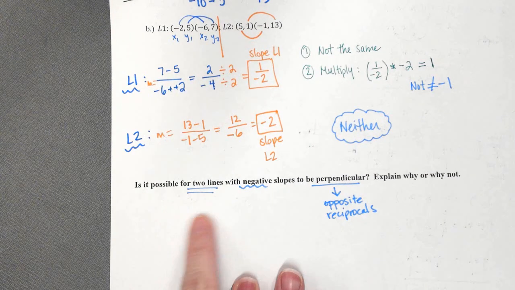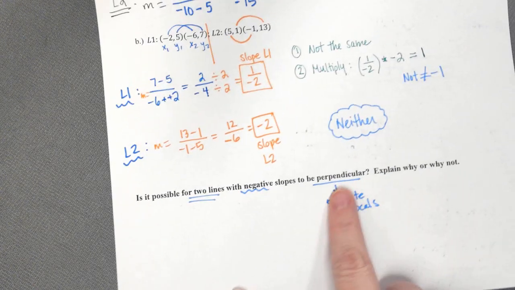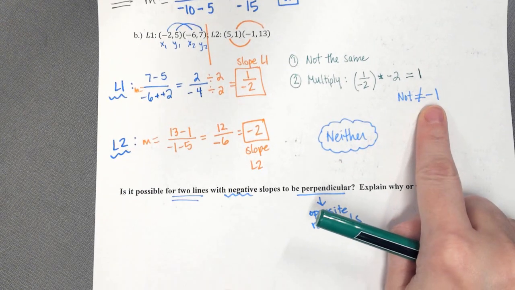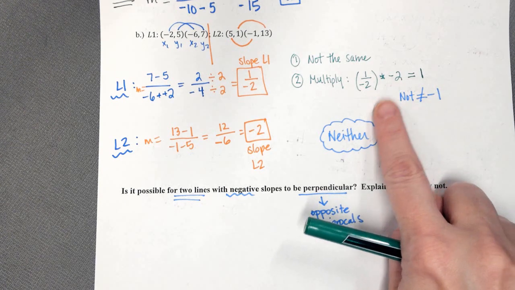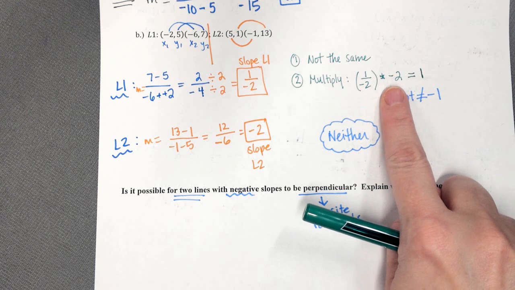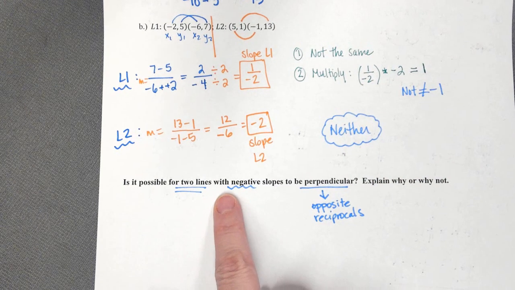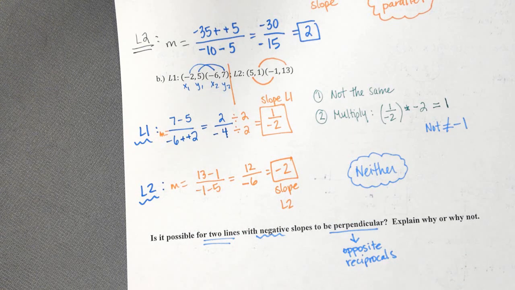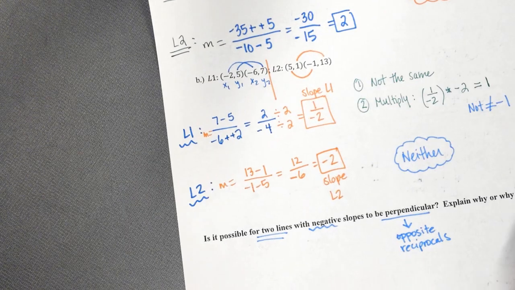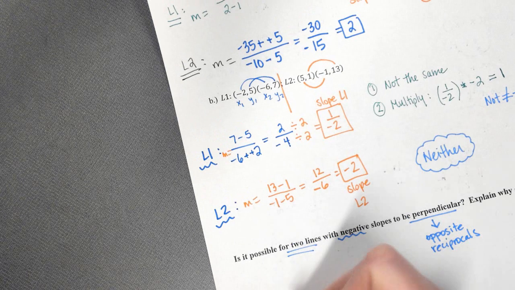Okay, so Erica's response was, no, it's not going to be possible because we know that it has to multiply to a negative, and she said the only way to multiply to a negative is if you have a positive and a negative. If you have 2 negatives, it's always going to multiply to be a positive. I love that answer. Okay, what other reasons did you guys come up with?